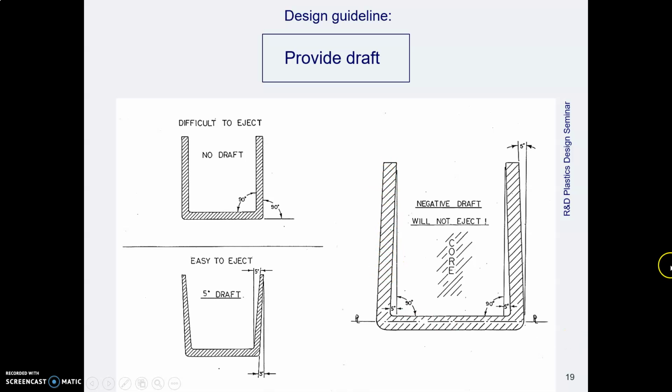And so you just do a thing like this. Well, because they're making a hole in the part, there's a core that has to go in to make the hole. And if this part has this kind of draft on the inside of the hole, surprise, that part's not coming out.